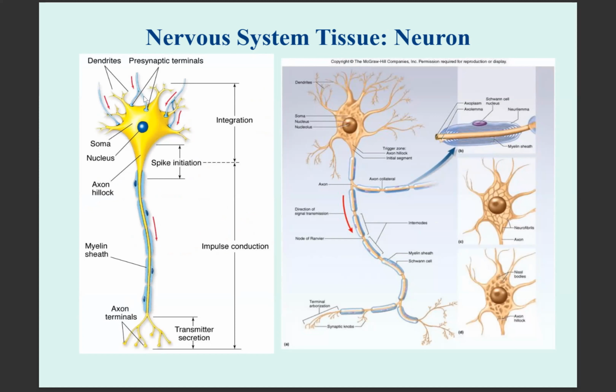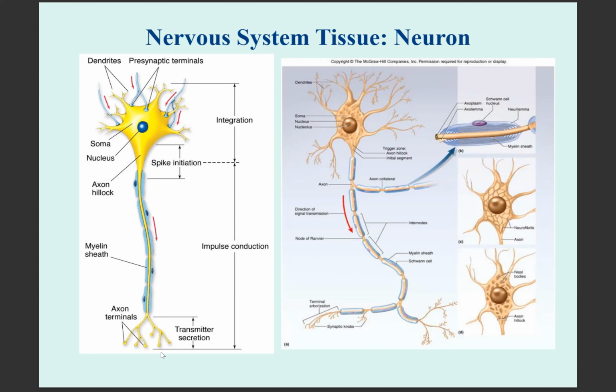So what happens is that when an impulse comes in, it is picked up by the dendrites and gets into the cell body, where there is integration. Then there is a spike initiation of that impulse, which is relayed to the axon terminal.